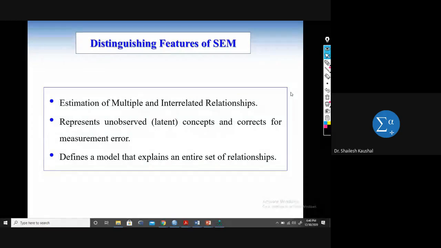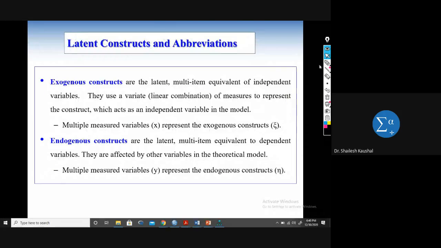Distinguishing features. Now, the terms exogenous and endogenous: I will use these two terms in CFA and SEM. Exogenous are the latent multi-item equivalent of independent variables, because in our study we use dependent and independent variables.